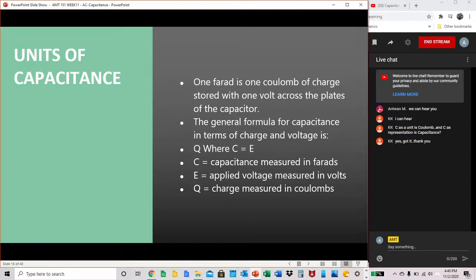I'll say that again. C, capital C, which right now we are talking about capacitance measured in farads. We have E, capital E, which is representative of applied voltage measured in volts. And Q, capital Q, meaning charge measured in coulombs.